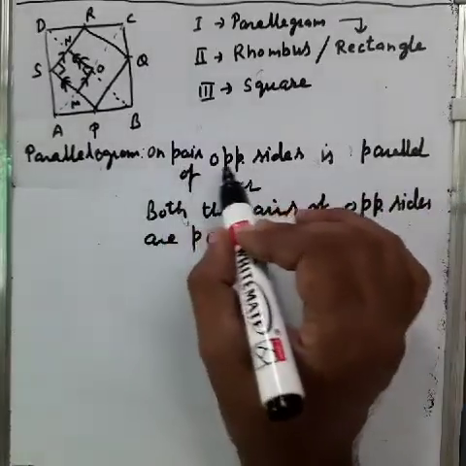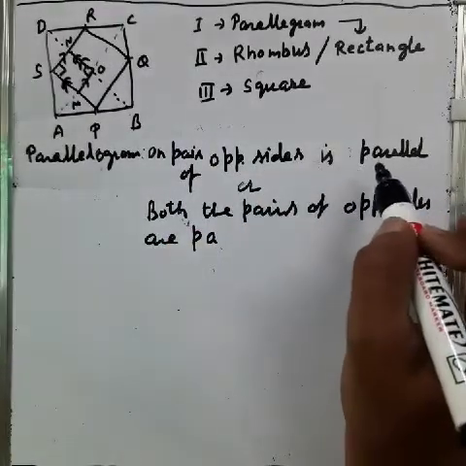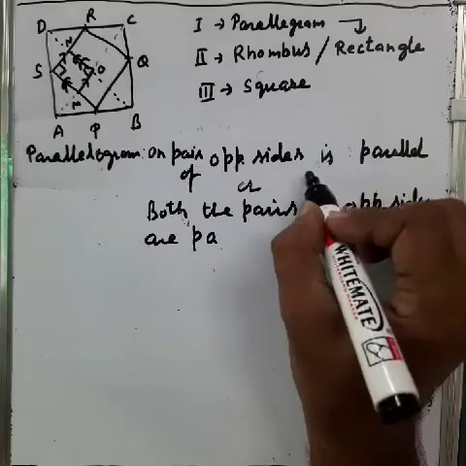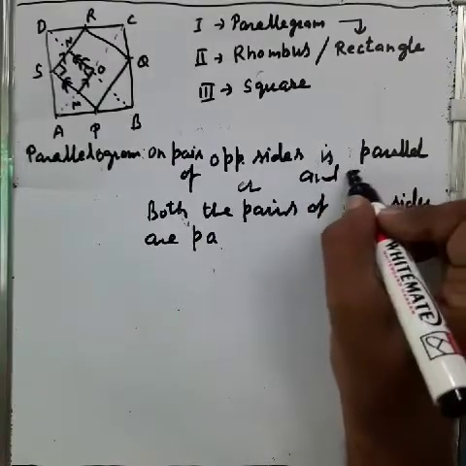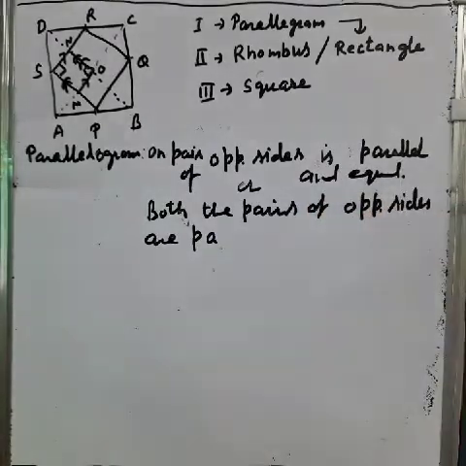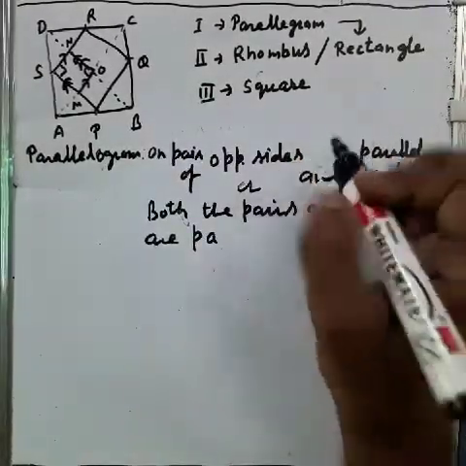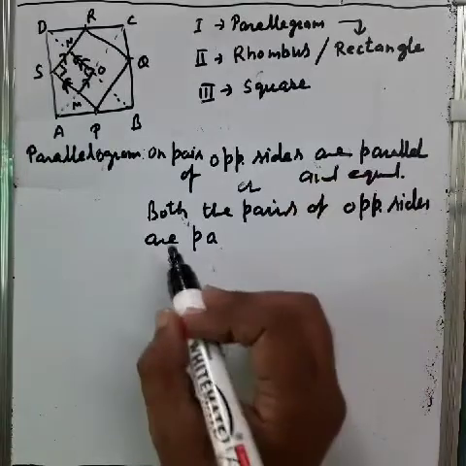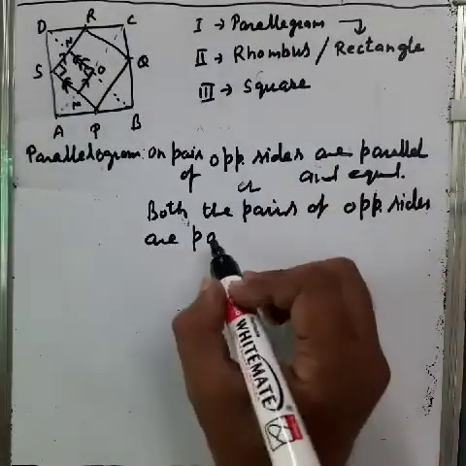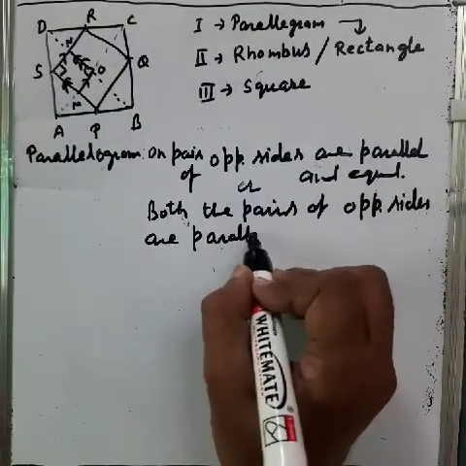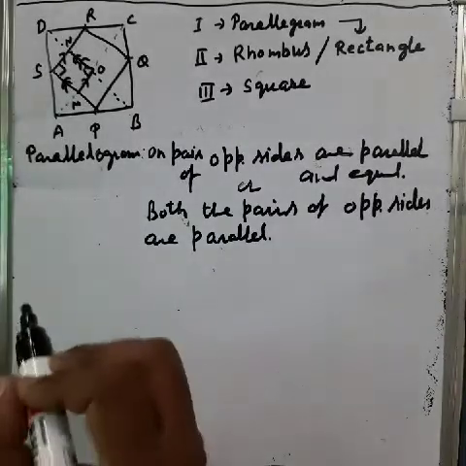Here you have to prove one pair of its sides is parallel and equal. ठीक है, here you have to prove this only, one pair of its sides are parallel and equal. तो यहाँ पे ये प्रूफ कर लेंगे parallel and equal, and both the pairs of its sides are only parallel. So this is for the parallelogram.